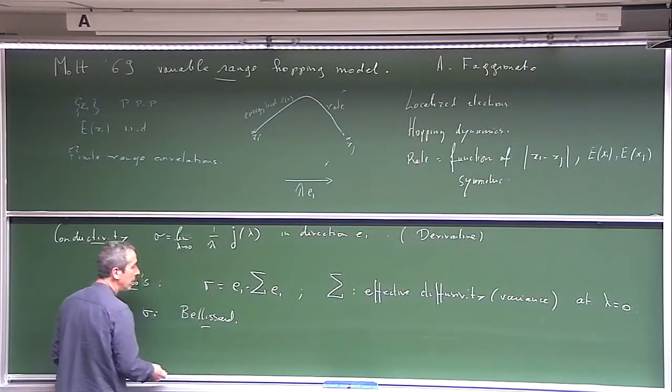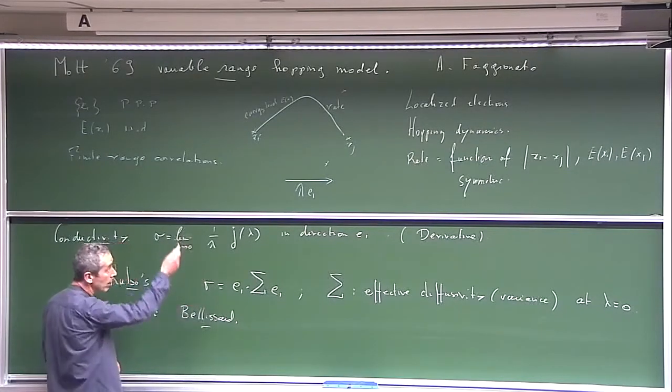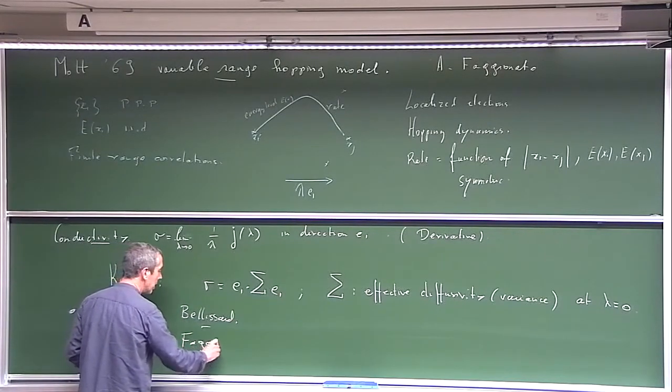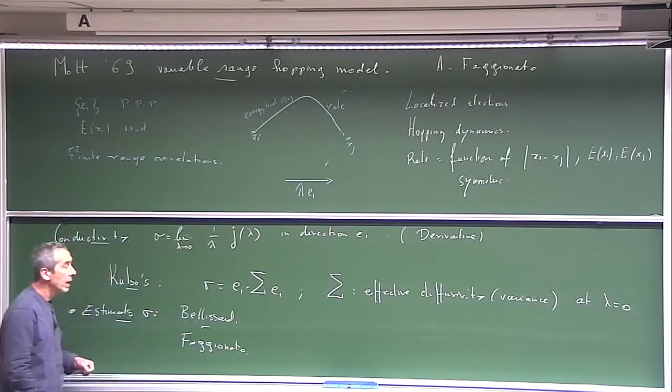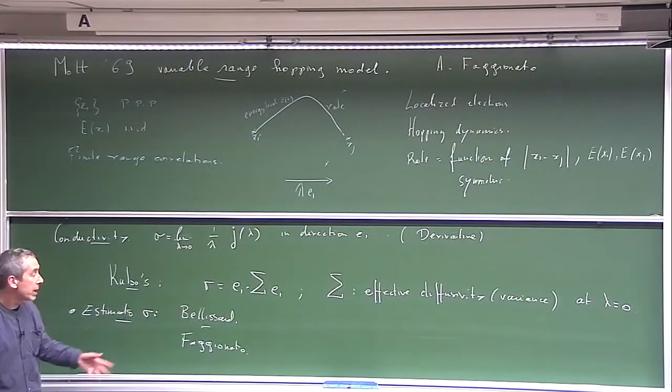And if you are more interested in the probabilistic aspects, then I will refer you to the many papers Alessandra and co-authors wrote on that model. I'm one of the co-authors, but there are many.